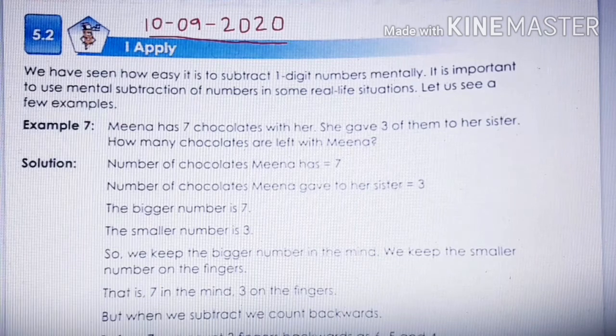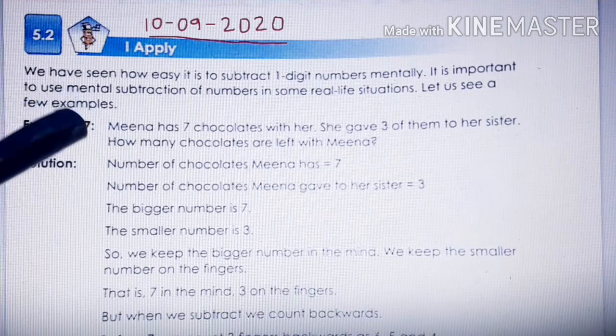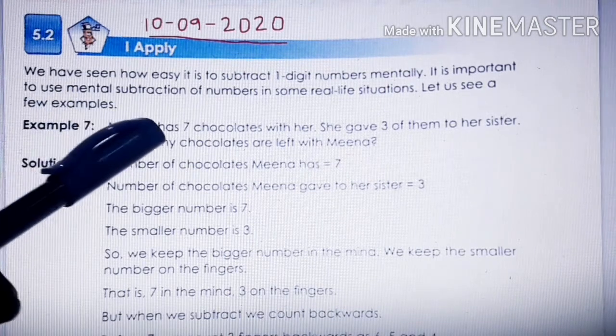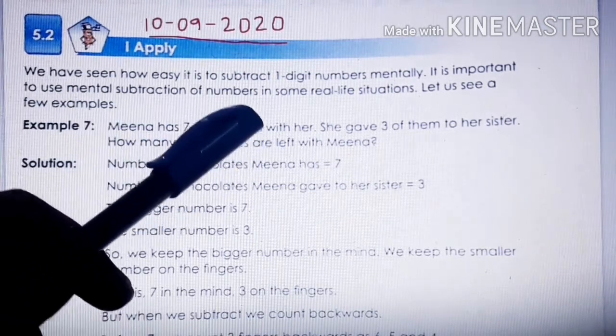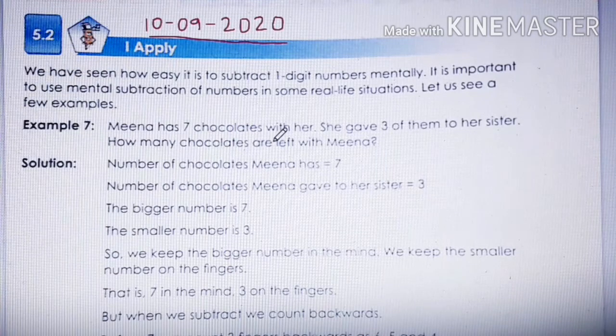These word problems are, children, based on some real life situations, and we will do this subtraction mentally. Let's start with example 7. Meena has 7 chocolates with her. How many chocolates does Meena have, children? 7 chocolates. She gave 3 of them to her sister.